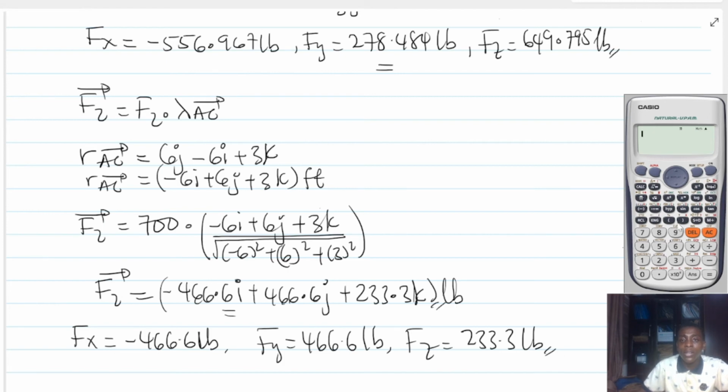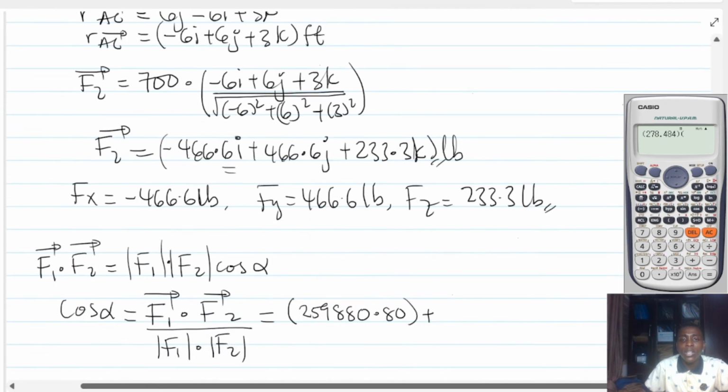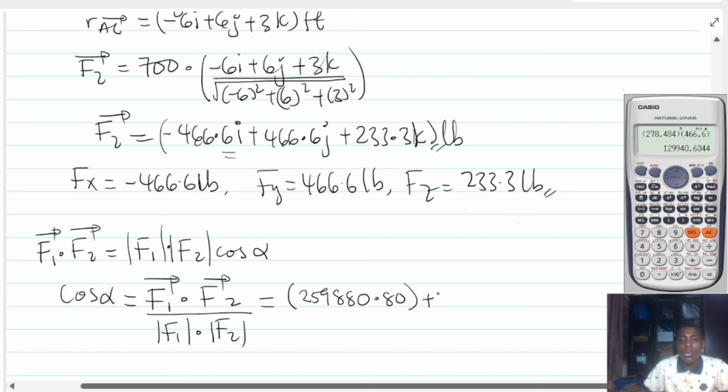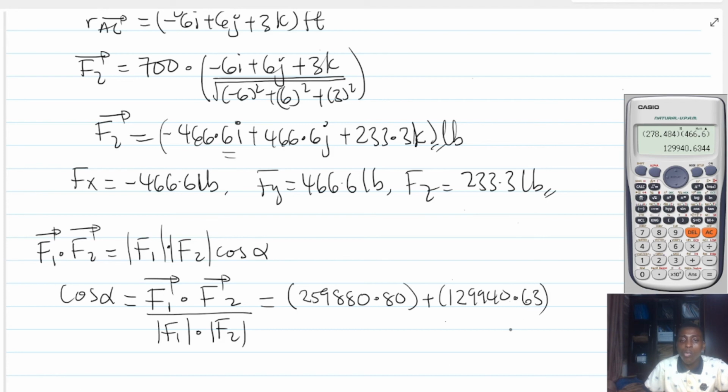So 278.484, and then I'll multiply this by the y component of the second one, which is 466.6. Is that right? And I'm going to get 129940.63.